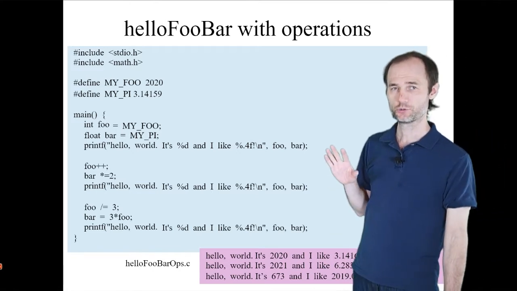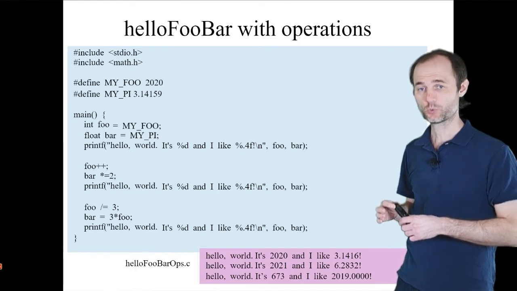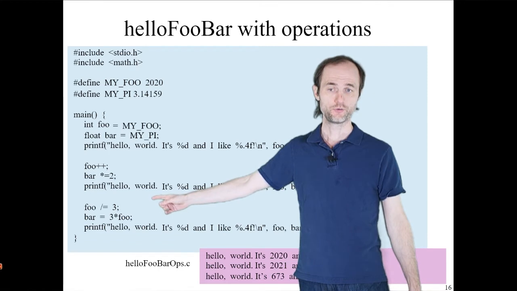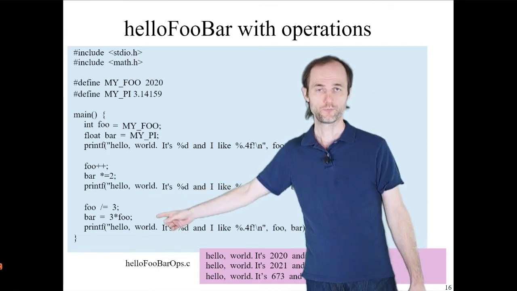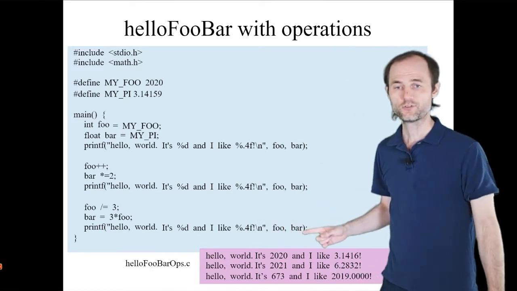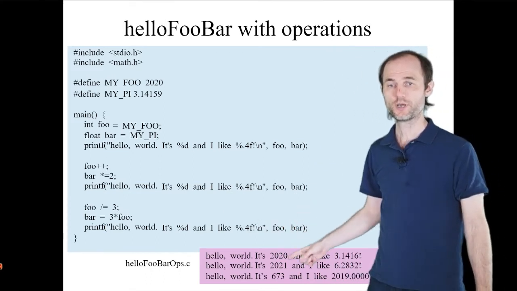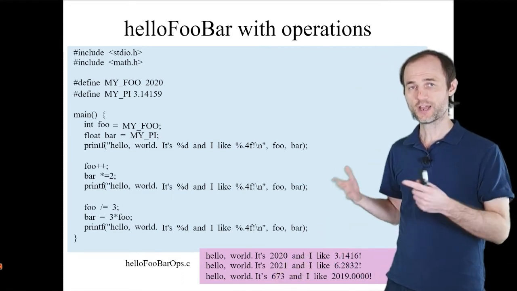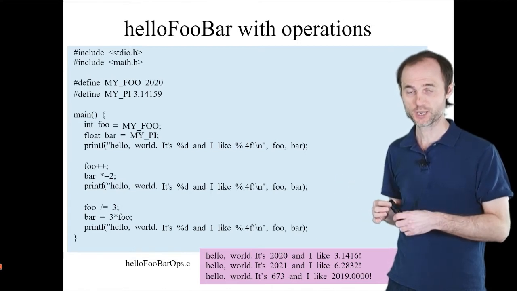Now we're going to get into the weeds of how integer division and multiplication work. We're going to divide foo by a factor of 3 and set bar to 3 times foo. So if we integer divide 2021 by 3, you actually would get a fractional answer. It's not cleanly divisible by 3.